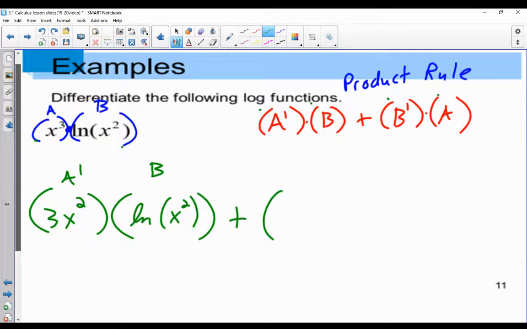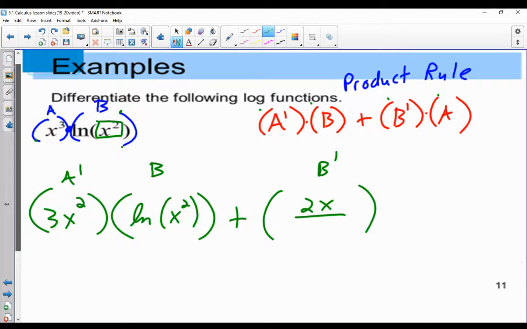And then plus B prime. Now we gotta take the B and find its derivative. And notice how it's a natural log. And remember, with natural logs, you just focus on the inside. So in other words, let's go ahead and set up our fraction. On top, we'll derive the x squared to get 2x.